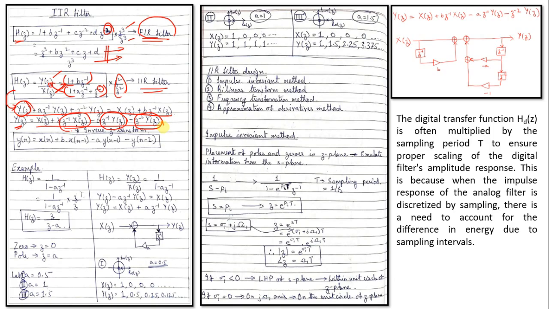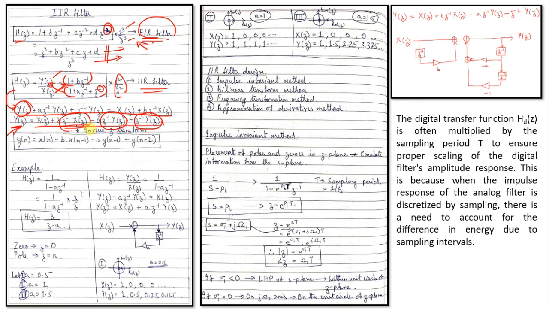If you consider the FIR filters, what happens? The output was dependent on the present input and the past inputs. On the other hand, if you look into this equation, what does this signify? This signifies that the output is dependent on the present and past inputs.